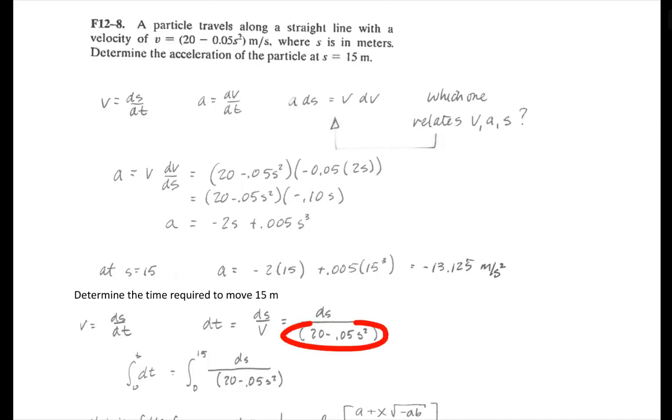When I have v plugged in there, that's a function of position, so I can just do that. Then I can integrate both sides. Over here, I've just got time, so time always starts at 0. In this case, position also starts at 0, so just integrate that, and you get an equation.